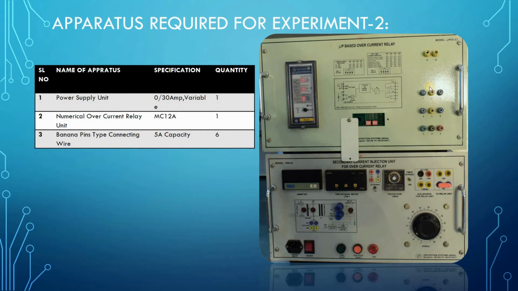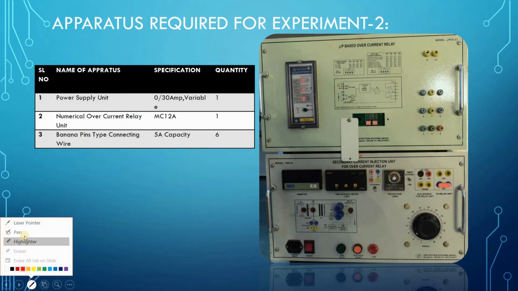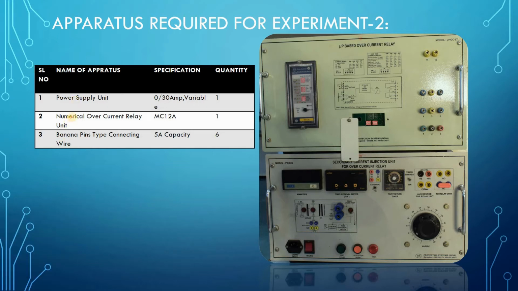And this top unit, which earlier was the electromechanical overcurrent relay, is now replaced with the numerical overcurrent relay. And you can see we also need some connecting wires. We need 6 connecting wires to perform the experiment.